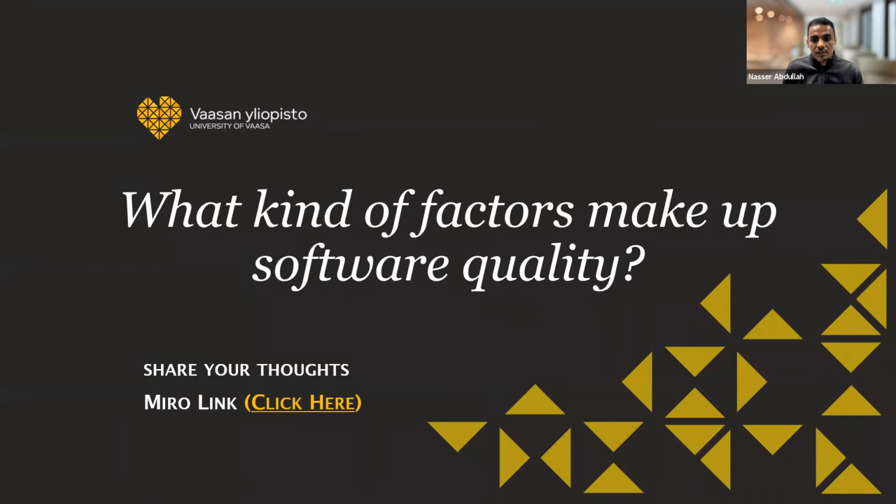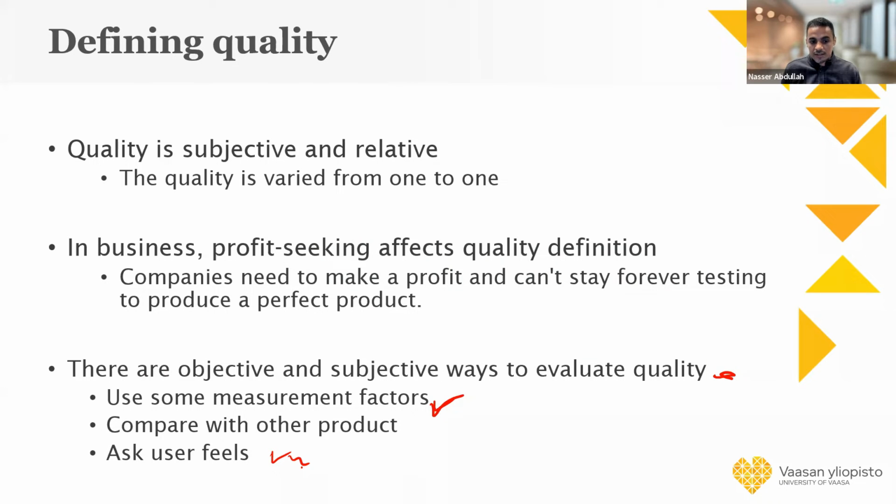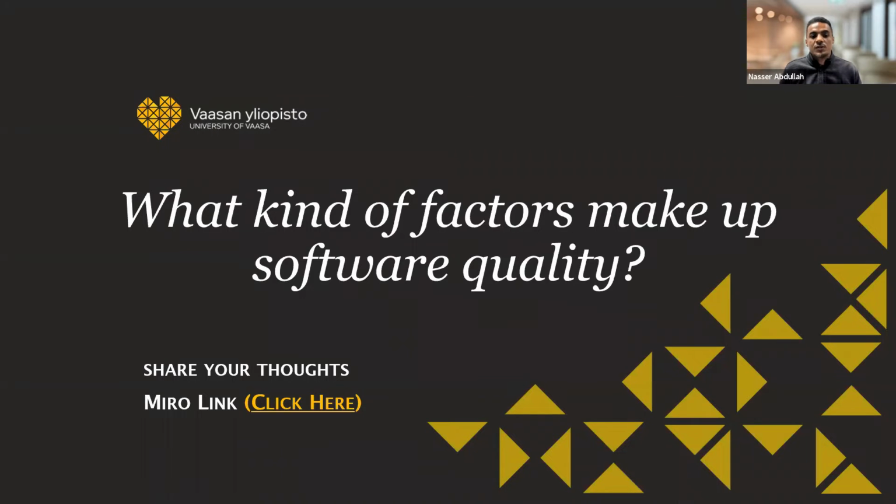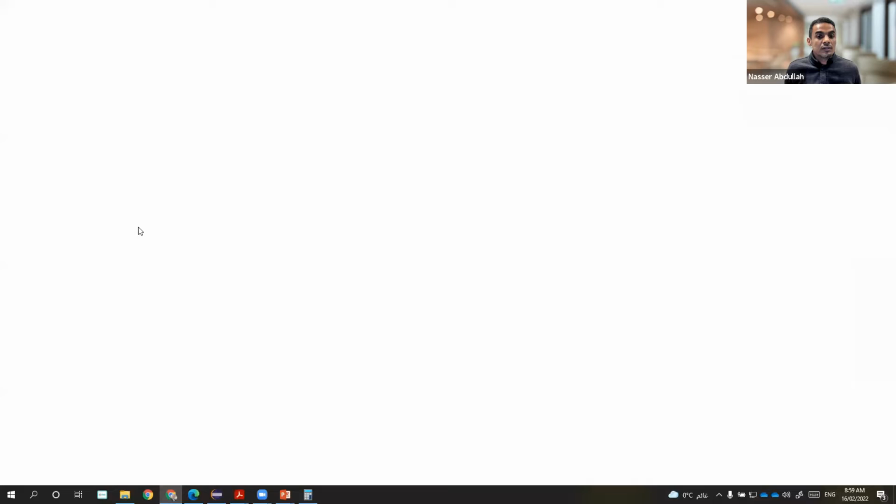So we are still on quality. Now we talk about the quality, and maybe you know something about it. What kind of factors? Because here we talk about the factors, right? There are some factors we can measure. So here is the question: what kind of factors make up software quality? Here you can go to Miro and share your opinion.